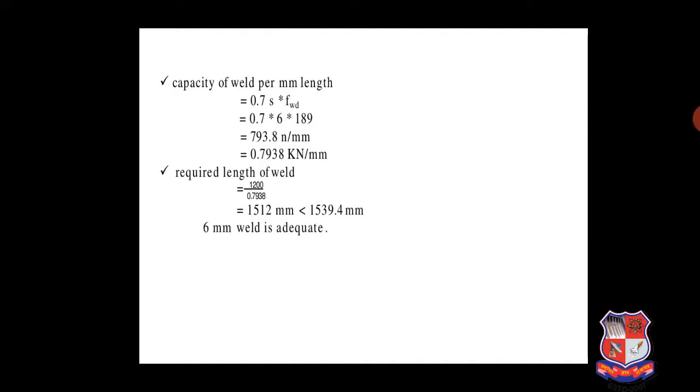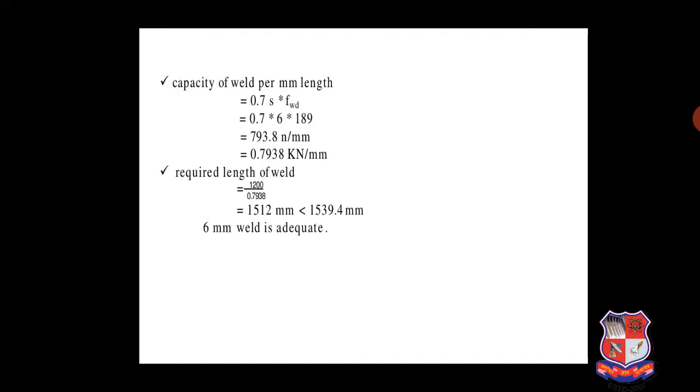We calculate the capacity per mm length as 0.7 times s times fwd. s means the size of weld, so we assume a 6 mm fillet weld. For fwd, for shop welding we can take the stress of weld as 189 Newton per mm square. So finally the capacity per mm length of weld is 793.8 Newton per mm, which means 0.79 kilonewton per mm.